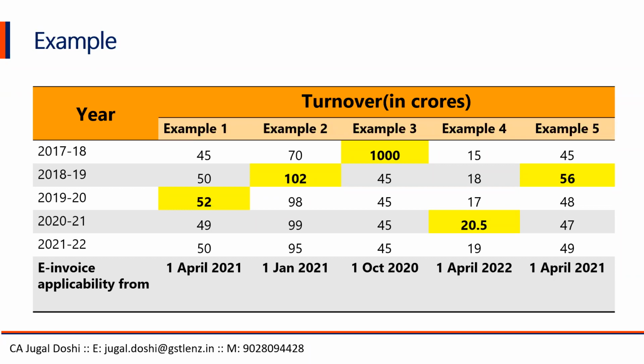And we may not be updated about it because we have not yet received the data for audit, etc. But we have to check all the clients who we feel are on the borderline or who are growing at a great speed. We should check the applicability and we should get them registered.